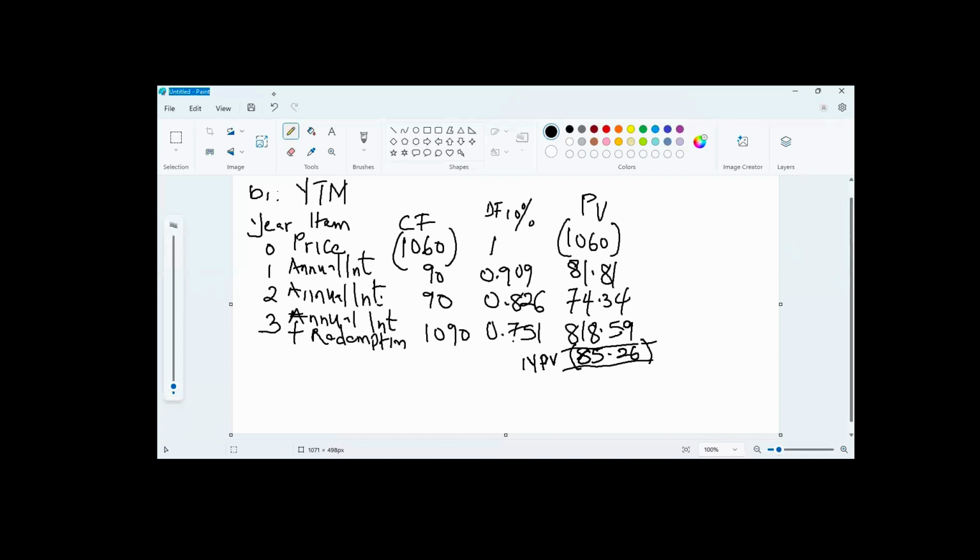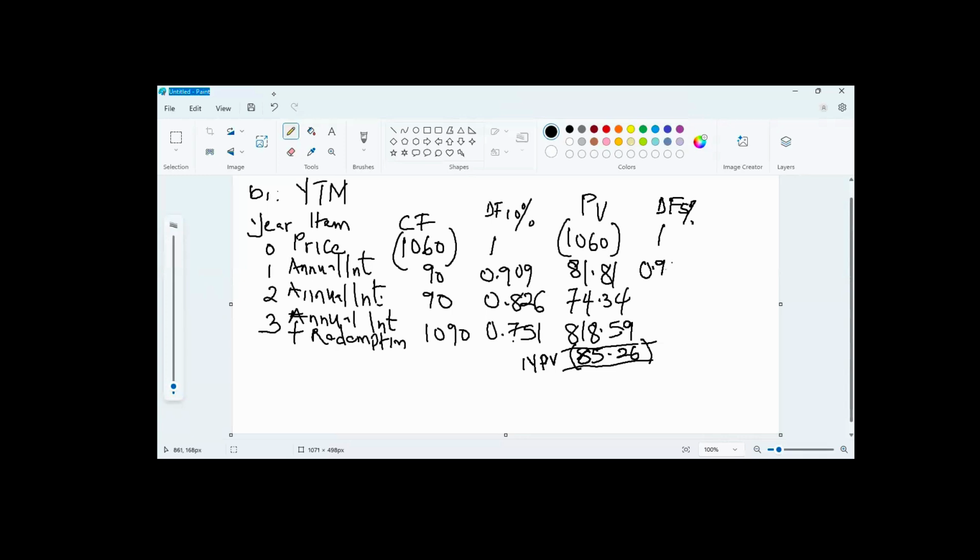So if you want to get positive, what are we going to do? Are we going to reduce? Maybe 5%. Discount factor at 5%: this is 1.